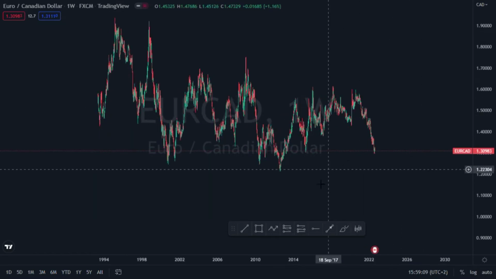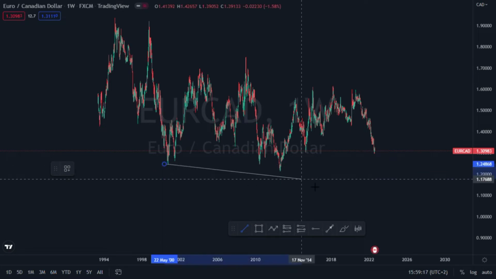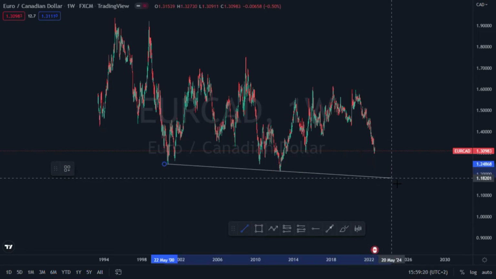As we can see here on the weekly, I can already see that we have some sort of a structure on the weekly time frame. We have those lows right there.